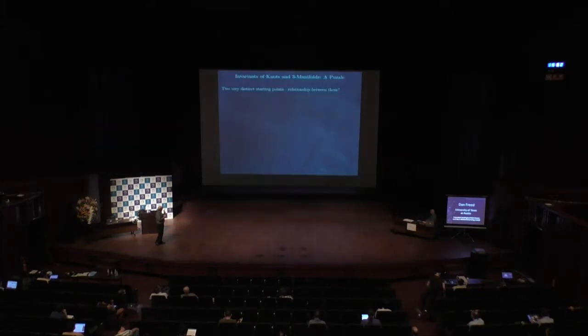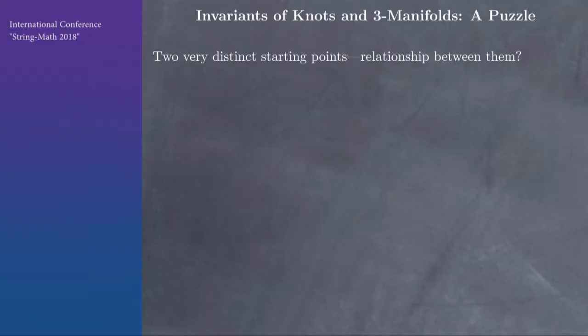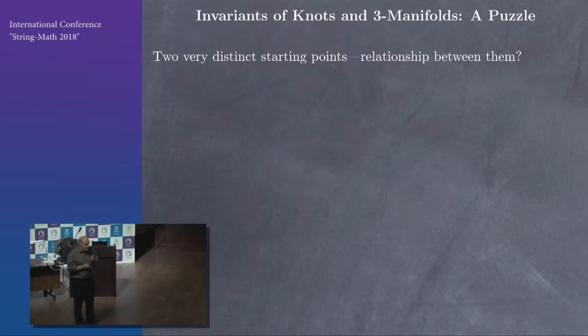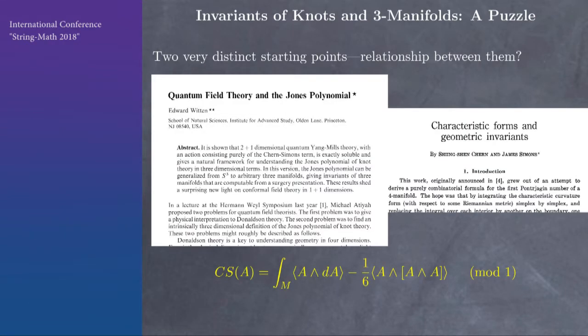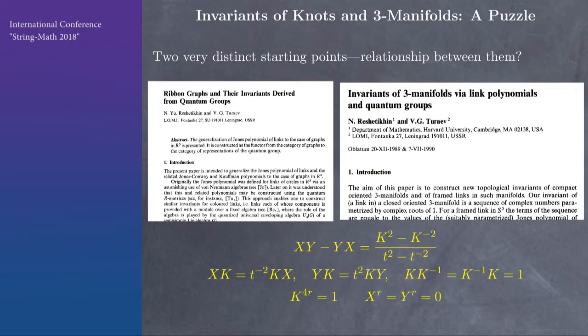And I'll just say in passing a little bit of a puzzle that arose at the time with that paper, because on the one hand, Witten's starting point is this beautiful Chern-Simons functional that we knew and loved in differential geometry, the secondary invariant that was introduced by Chern and Simons in the early 70s. On the other hand, these invariants were also discovered by Reshetikhin and Turaev, who had a very different starting point, this algebraic data of a Hopf algebra, a quantum group.